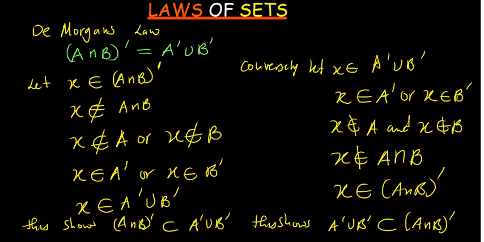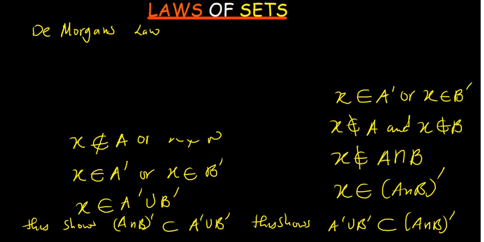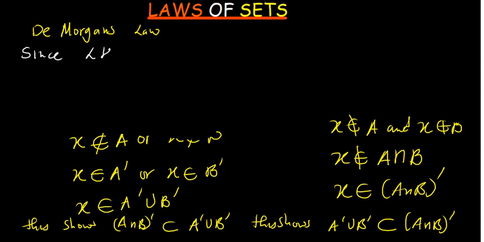After finishing this, we've shown that the left hand side is a subset of the right hand side, and the right hand side is a subset of the left hand side. Then conclude. Since left hand side is a subset of the right hand side, you can put what the left hand side is.